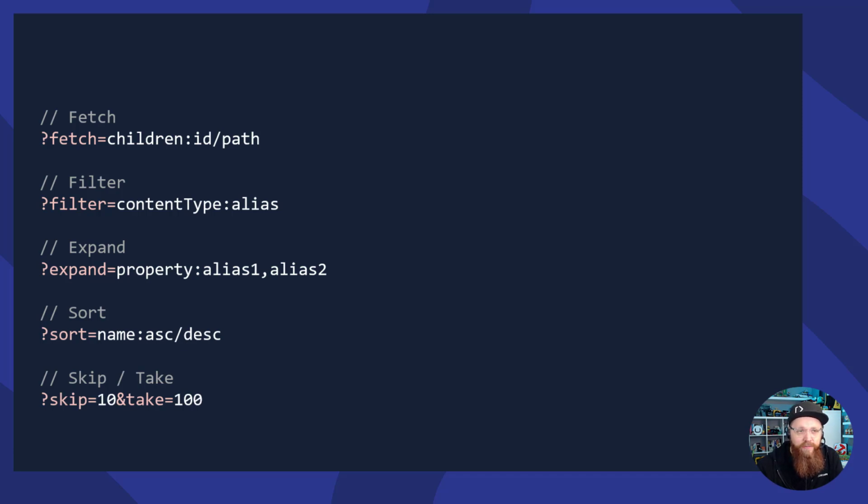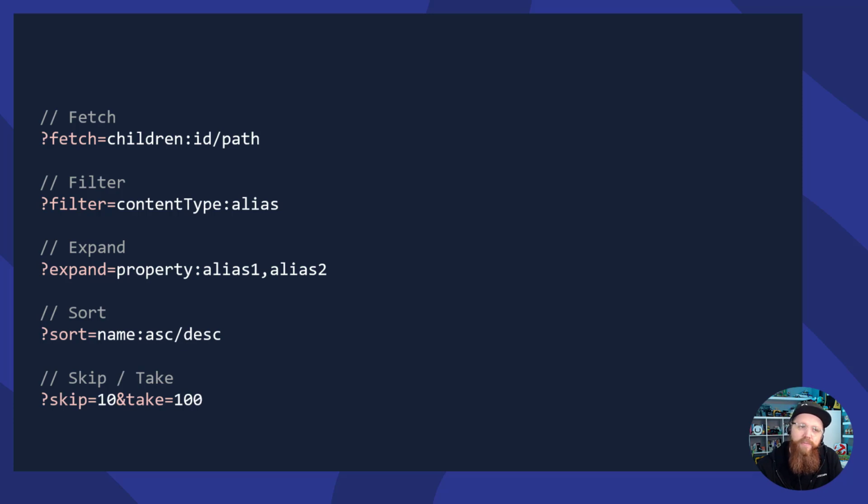We've got an expansion property. This is quite interesting in that it allows us to expand nested properties, so more like content pickers and things like that. By default, the content delivery API will try and limit the amount of data that it gives back. It'll be quite opinionated in terms of what it does and doesn't return.